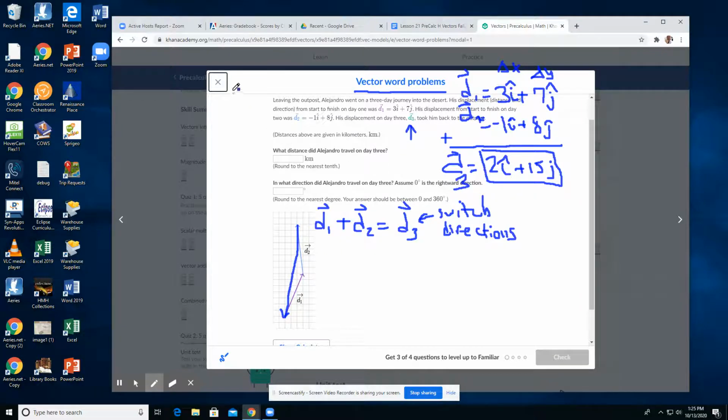So the distance is equal to the square root of the x component, which in this case is 2 squared, plus the y component, which is 15 squared. So this is equal to the square root of 4 plus 15 times 15, which is 225.